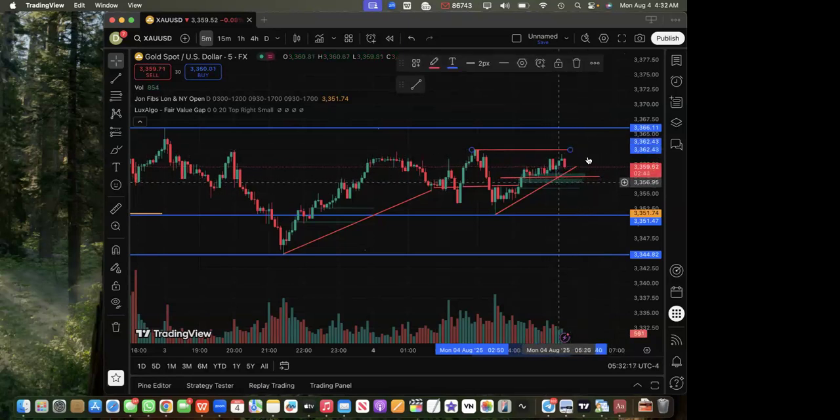So just to give a quick explanation of everything that I've done: we did the top-down analysis from the daily to the 4 hour to the 1 hour to the 5 minutes. The reason we do that is to confirm what the market trend is and to confirm the key zones.